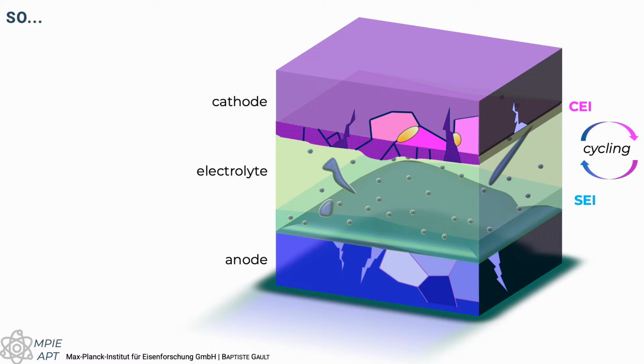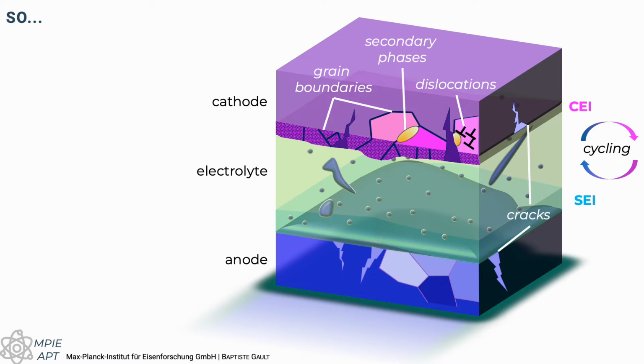But when we think about materials science of batteries, we need to also realize that cathodes and anodes are also materials in many ways. So over the course of this cycling, charging, discharging, many things can happen. We can have secondary phases, for example, inside of one of the electrodes, can have boundaries, grain boundaries, phase boundaries, can have also defects forming, dislocations, for example, cracks that can form.